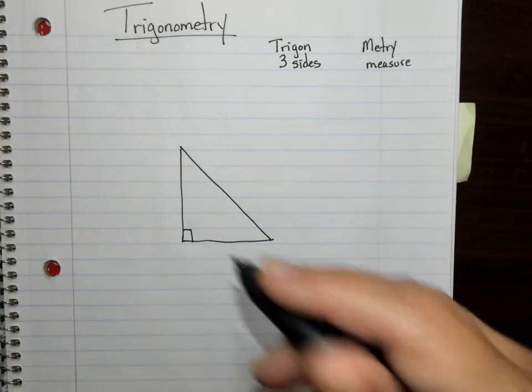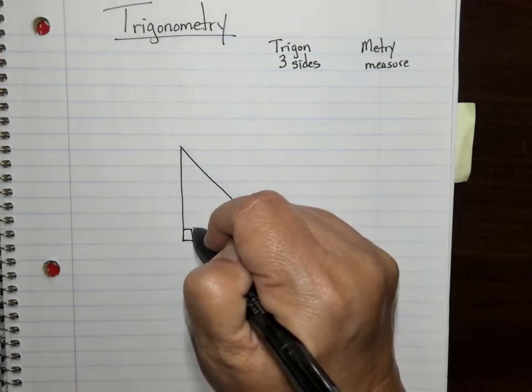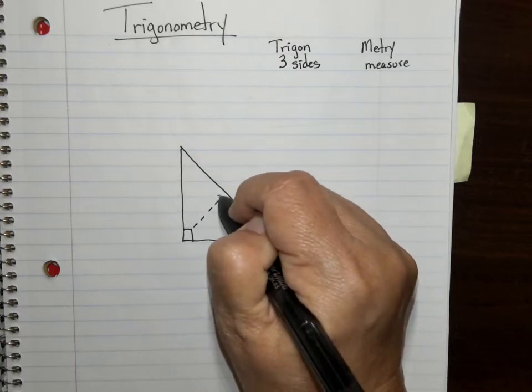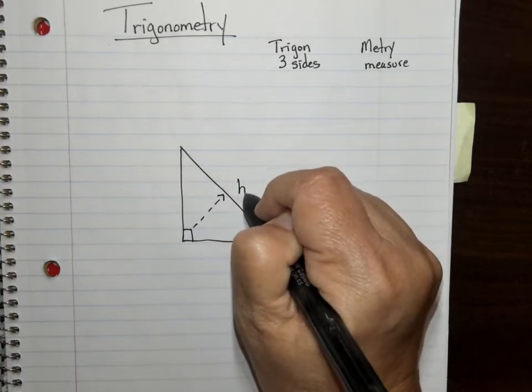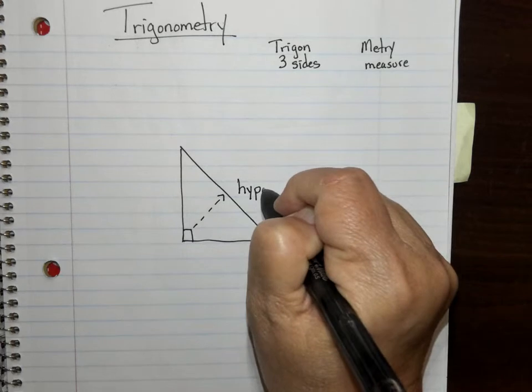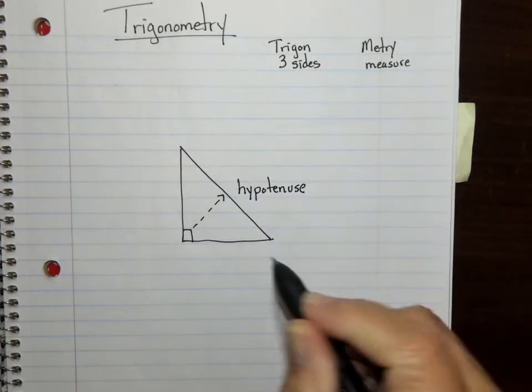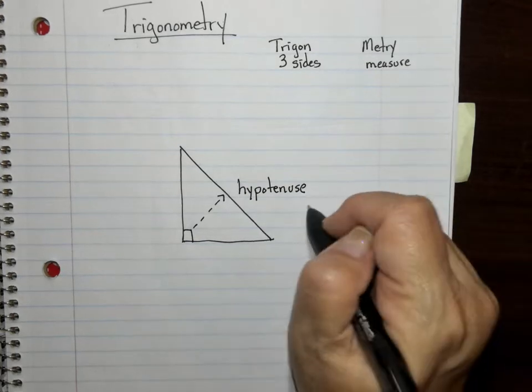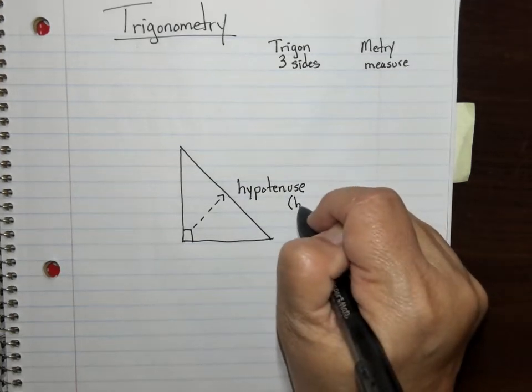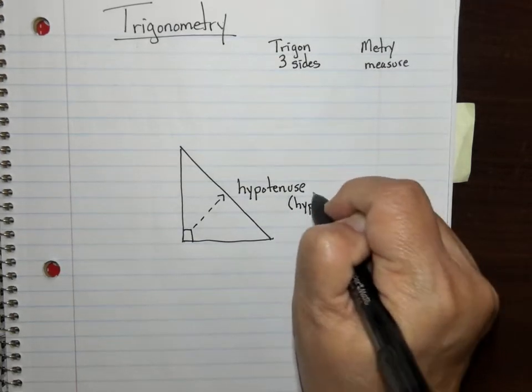So we already know that across from the right angle is named the hypotenuse. And then we're all going to abbreviate hypotenuse the same way. We're going to abbreviate it HYP for hypotenuse.